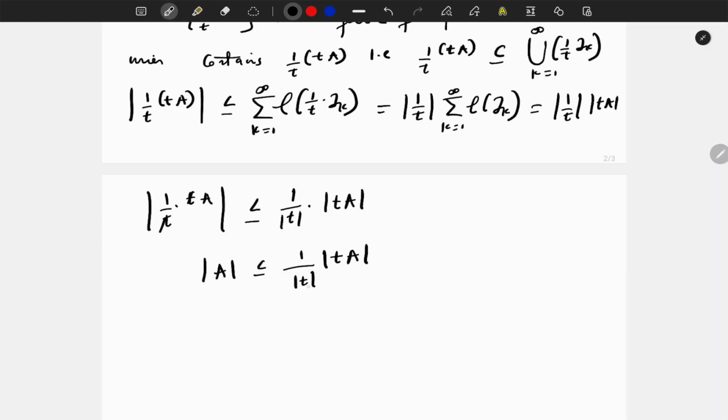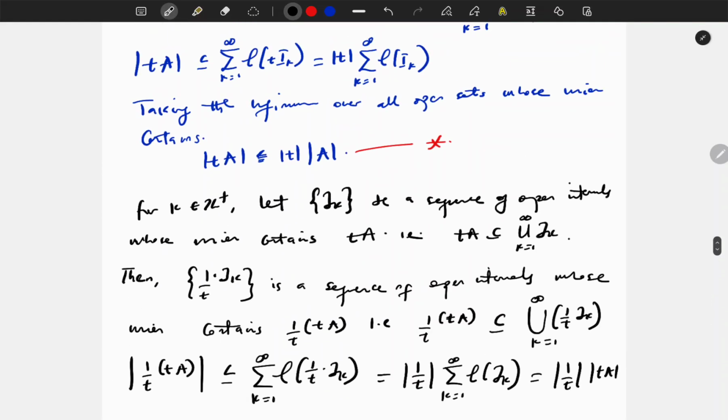If we cross multiply, then we have mod t times outer measure of A is less than or equal to outer measure of tA. And that is the second direction. This is the first direction.